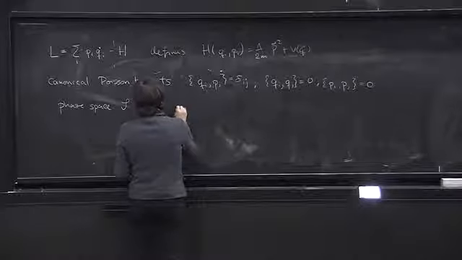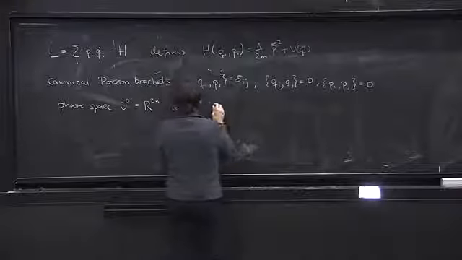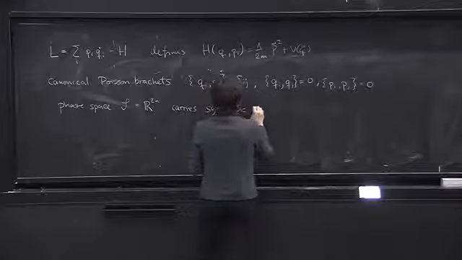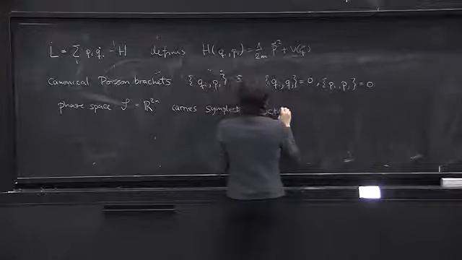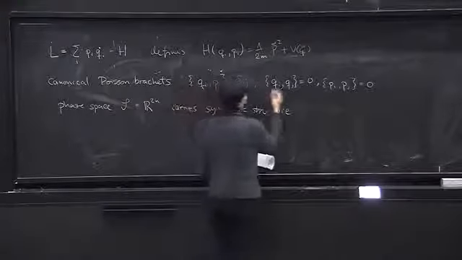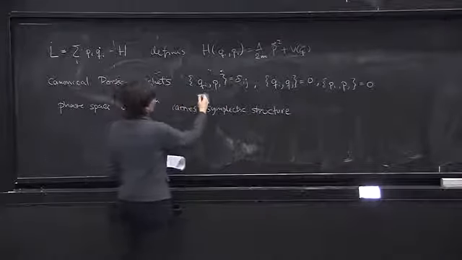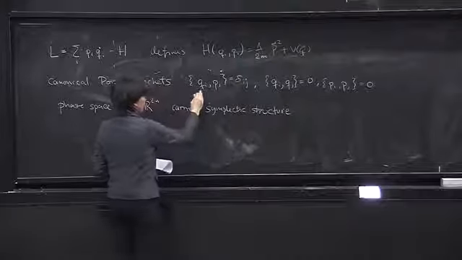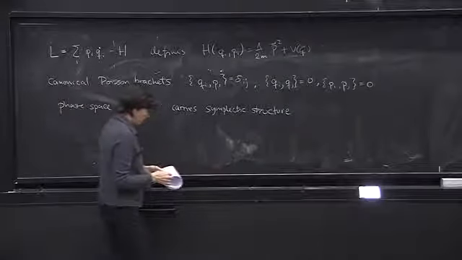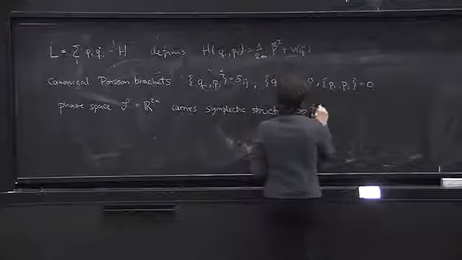And these Poisson brackets are also sometimes described as a symplectic structure. So this carries a canonical symplectic structure. Well, the symplectic structure knows something about the fact that some of the coordinates on phase space are coordinates q, and some of them are p's, momenta p. So this is exactly what gives rise to the Poisson brackets.